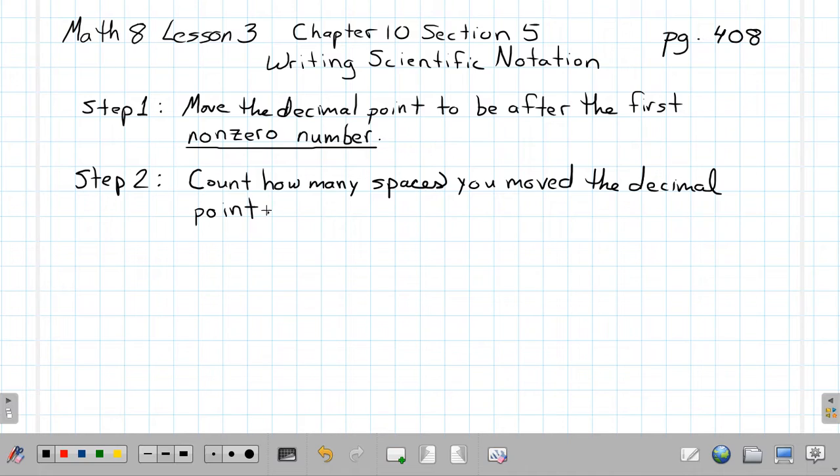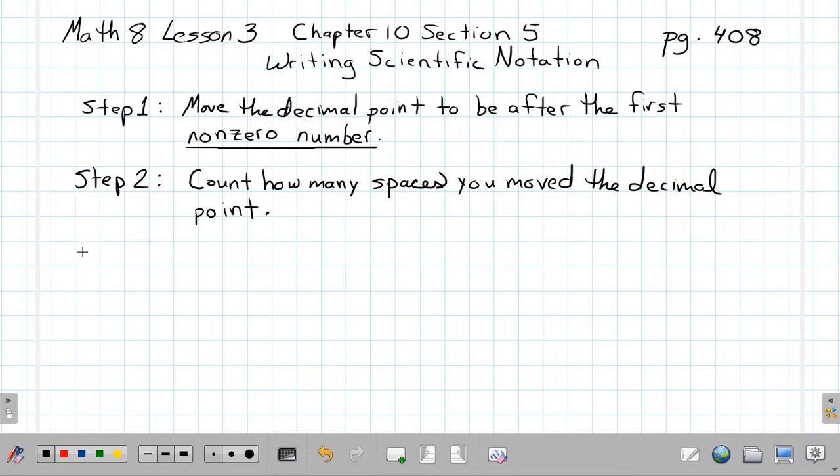So much like we did the last time, we want to count how many spaces we move it, except in the last case, we knew how many spaces we needed to move the decimal point. We're not told that here. How many spaces we need to move the decimal point is, I guess, given by what we have to do in step 1. And if that's confusing you, what I mean by non-zero number, we'll go over that with a few examples here.